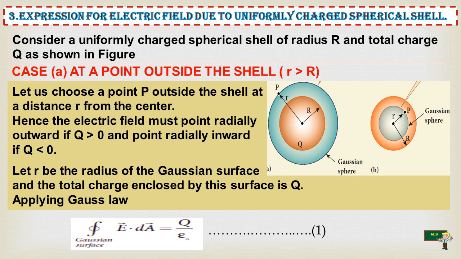Let r be the radius of the Gaussian surface and the total charge enclosed by this Gaussian surface is Q. Applying Gauss law, we get closed integral of E dot dA is equal to Q by epsilon naught, which is considered as equation number 1.